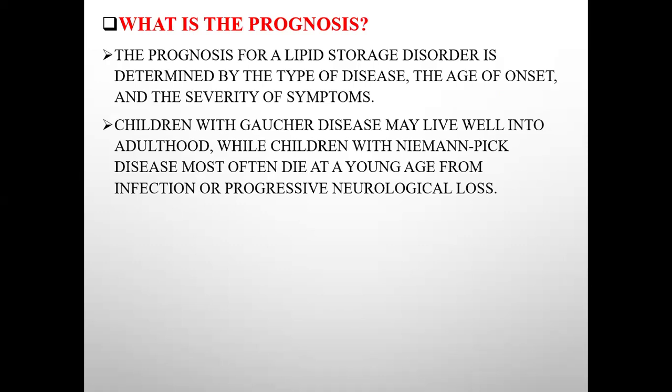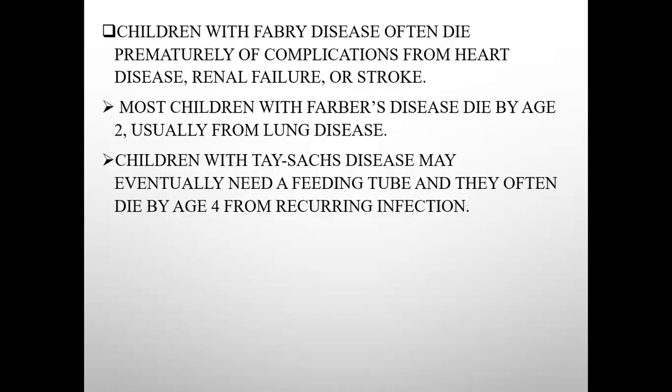So what is the prognosis? The prognosis for lipid storage disorder is determined by the type of disease, the age of onset, and severity of symptoms. Children with Gaucher's disease may live well into adulthood, while children with Niemann-Pick disease most often die at a young age from infection or progressive neurological loss.